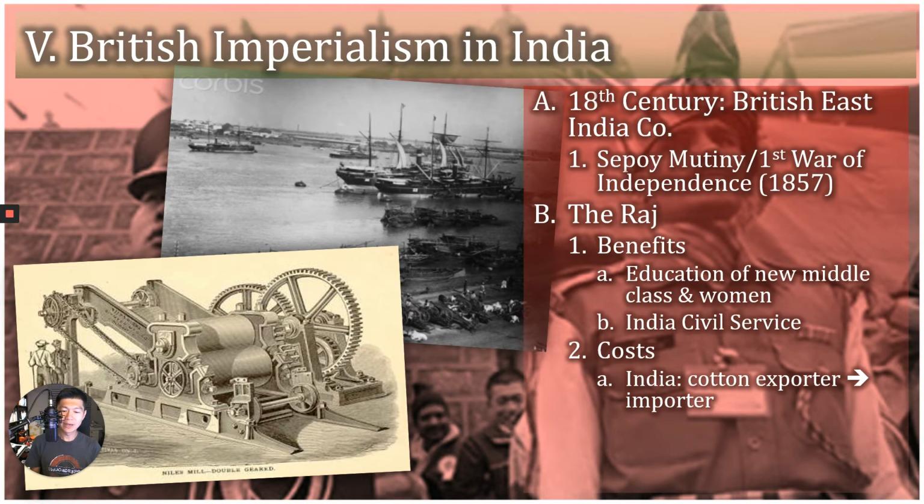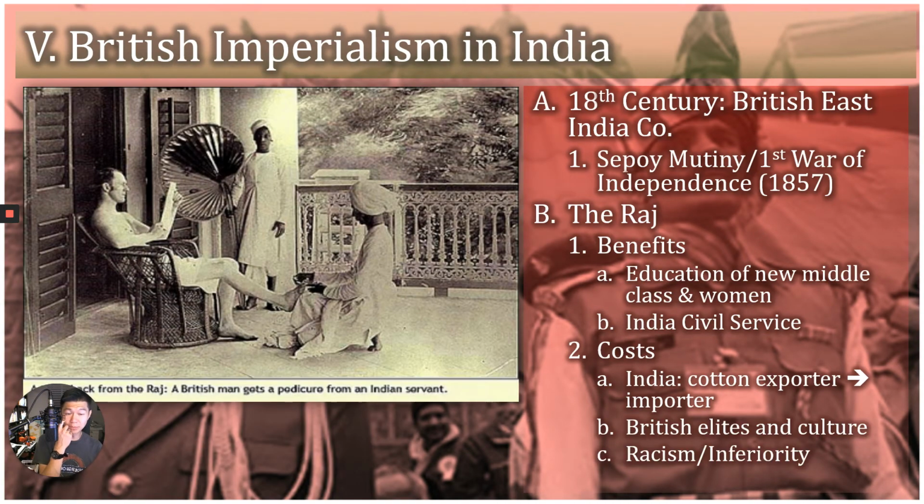Furthermore, there is the social cost as well. Okay? The British are going to see themselves as the local elites, okay? And it's their culture that they're going to attempt to implement at all costs. And so for Indians, no matter how much they grow, no matter how educated they are, many of them are going to go to places like Oxford and Cambridge in Britain for their education.